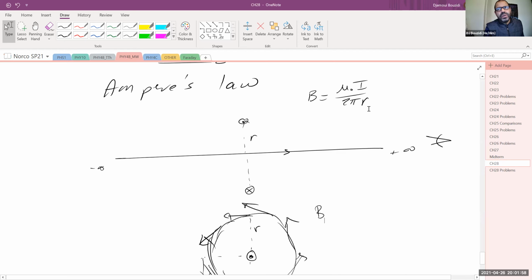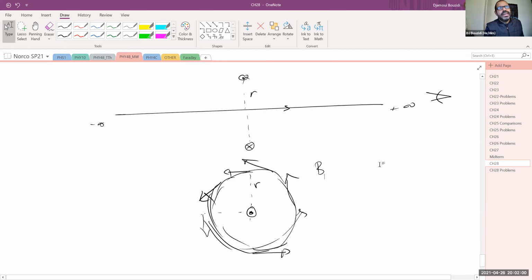So since R is the same on the circle, the magnitude is the same, and the direction is given by the right-hand rule. This is the right-hand rule that you need to remember for this situation. The current is along the thumb, and the magnetic field curves along your palm. So that is how the magnetic field is going, okay?